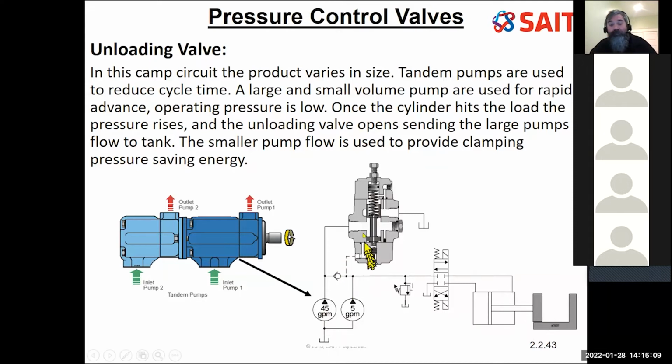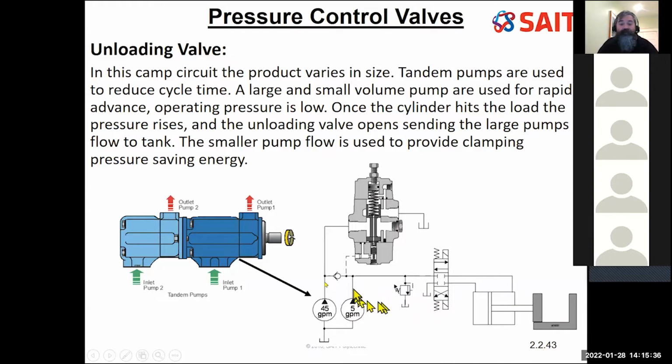Pressure jumps, causing the valve to open at 100 psi, dumping 45 gallons a minute at a low pressure. Unloading. I'm unloading most of the flow of fluid of the circuit, allowing just the 5 gallons a minute getting through this high pressure, 1000 psi, when this clamp is fully extended.